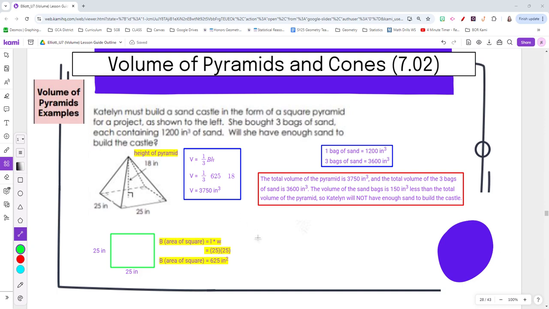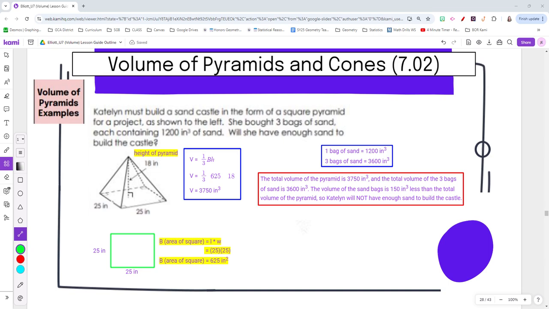Now, as for the sand, 1 bag of sand contains 1,200 inches cubed of sand. If she bought 3 of them, I'm going to multiply the 1,200 by 3 to get a total of 3,600 inches cubed of sand.